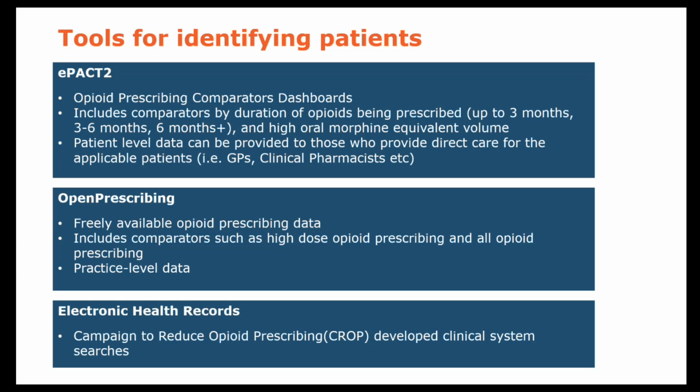That was led initially in West Yorkshire by Dr. Sarah Alderson, and that programme developed clinical system searches for identifying patients at risk through the electronic health records. So we would encourage you to have a look at the searches that they developed, and they evaluated the impact of that work as well.